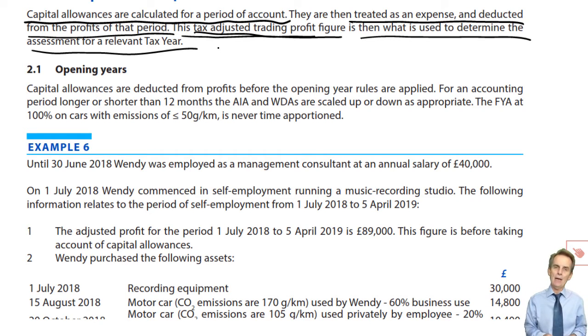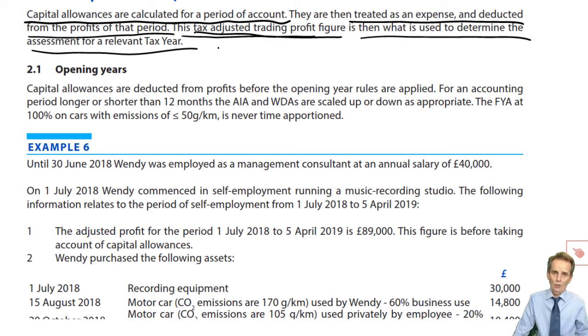So what happens with AIA? Now, we know that the AIA limit in terms of expenditure incurred that is available for the 100% AIA is 200,000. But of course, and this is where, on a period of other than 12 months, the time apportionment exercise comes in, we may have to time apportion that £200,000 limit based on the length of the period.